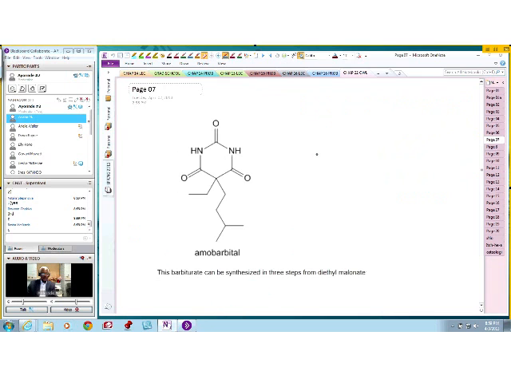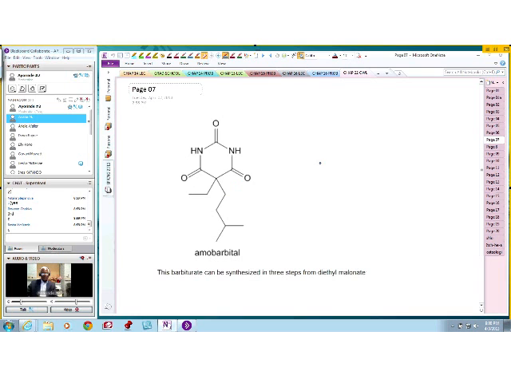We will do this in class tomorrow. By the way, this particular molecule here is called barbital. It's one of those pharmaceutical drugs. While you go home tonight, before we get to class tomorrow, take a look at this molecule.